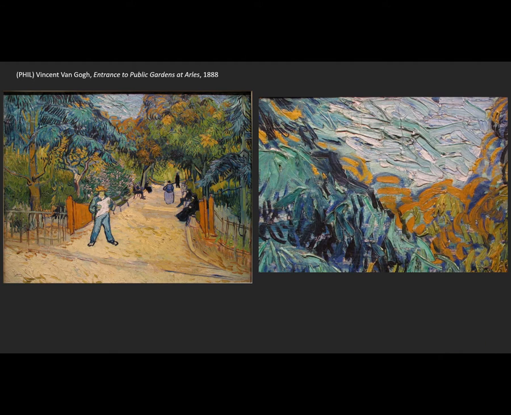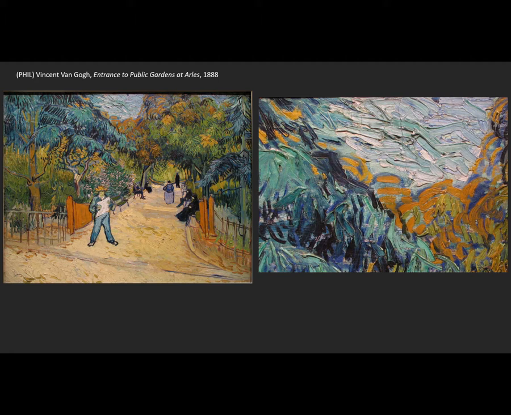But if we look now at what he's painting and look at how thick the paint is, so thick that we have these major cracks running through it, but then also how vigorously applied it is and how he loves putting opposites on the color wheel, blues and oranges next to each other, right? Not that they actually blend in the way that a Seurat might blend. You would never call this pointillist, right?